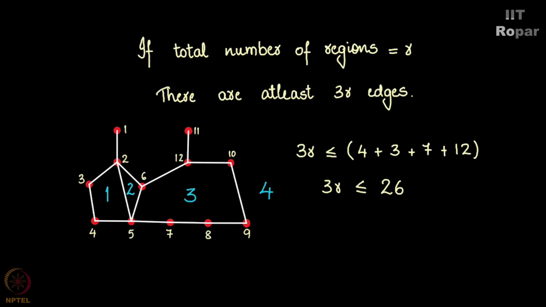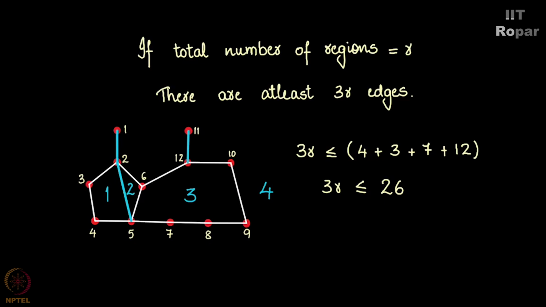But then there's something that I observe here. Every edge comes across at most 2 regions. Look at this edge here, 2, 5. It is an edge that is counted both in region 1 and region 2. So every edge is counted at most twice. Why do I say at most twice? Look at this edge 1, 2 or 11, 12.